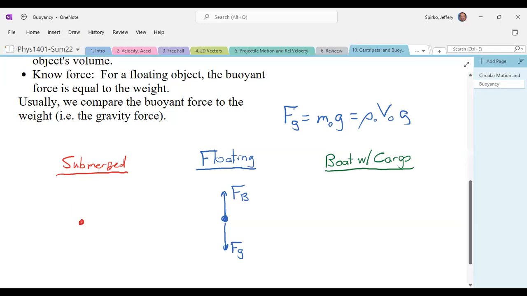So in this case, we have a really strong force of gravity and not enough force of buoyancy by itself. So there needs to be an extra force. At first, the object can go downwards, but then it gets to the bottom and there's a normal force. So let's put in a normal force, F sub N.